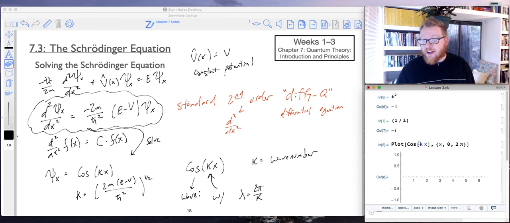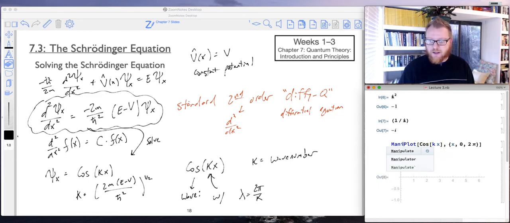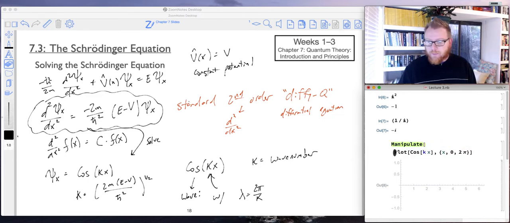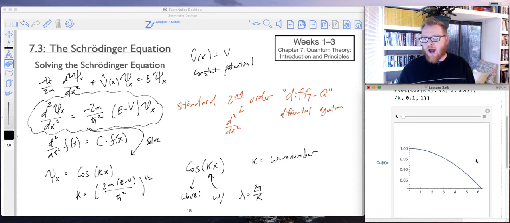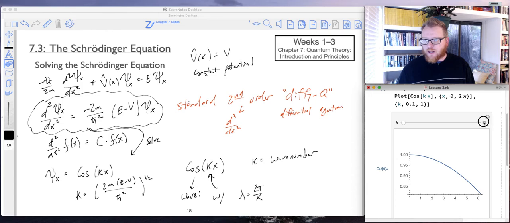Oh, I have to supply a value for k, of course. So what we're going to do is now say manipulate, bracket, comma, and then now we're going to let k go from, let's make it go from 0.1 to 1. End bracket. Lovely. Okay, there is my cosine function.